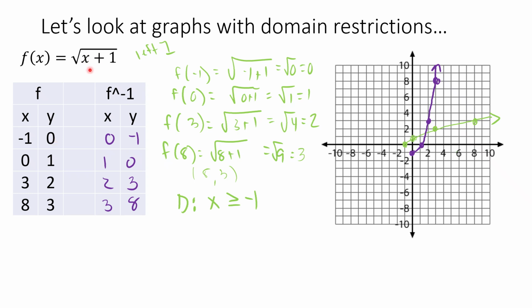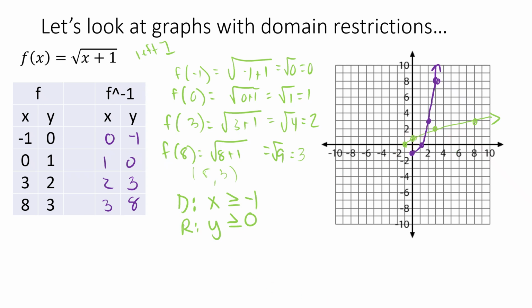But the moment I go to a -2 or even a -1.1, that plus 1 will give me a negative, and it will not be a real number. The range for that is y is greater than or equal to 0, because the smallest number for y I can get out of this is a 0. I can't take a square root and get a negative number out of it. So that's my domain and range.